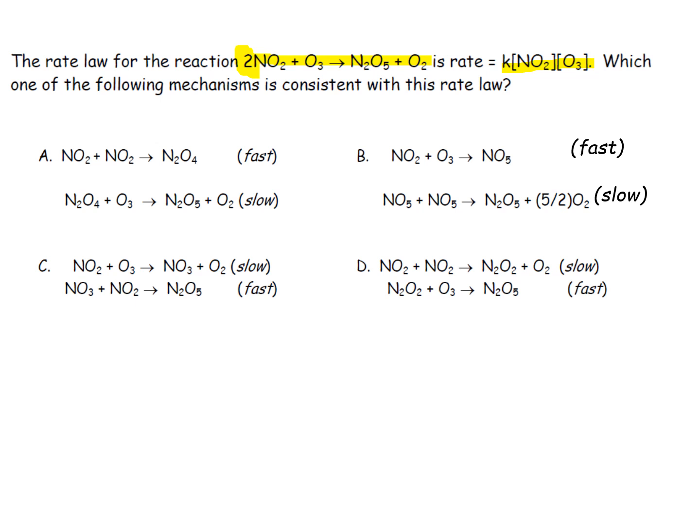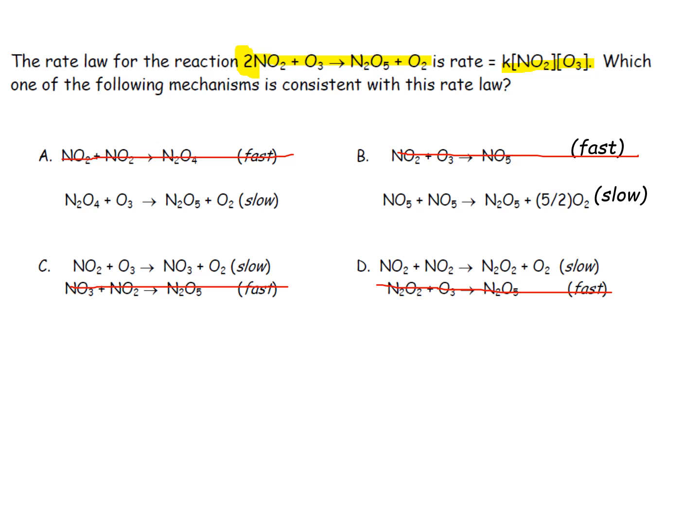is the fast and slow steps. So basically, you could almost cancel the fast one, because the fast one is not going to affect the total rate. So you really want to focus on the slow one. And then of the 4 slow ones, you want to pick the one in which the stoichiometry is consistent with the rate law.